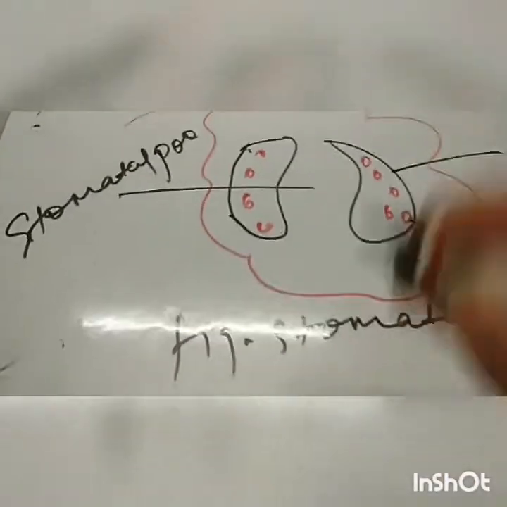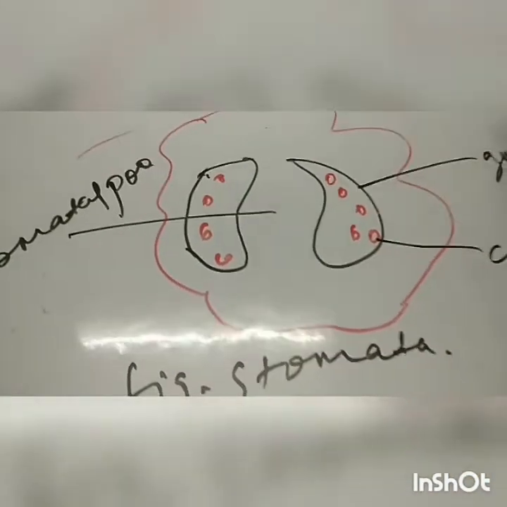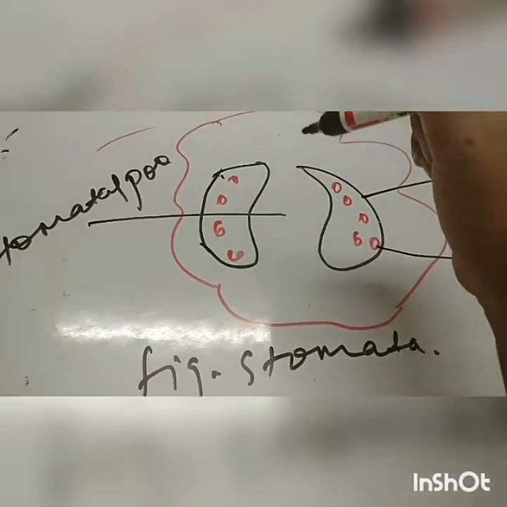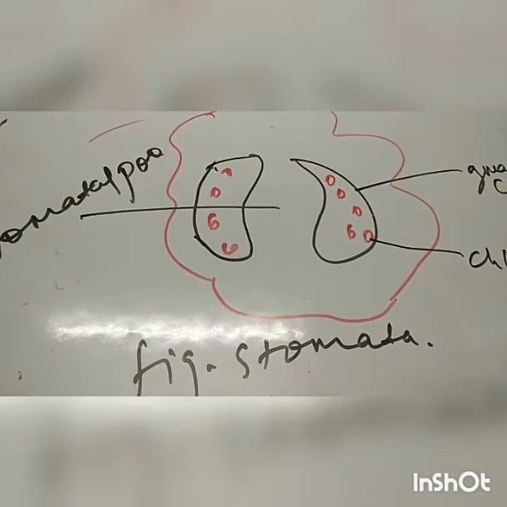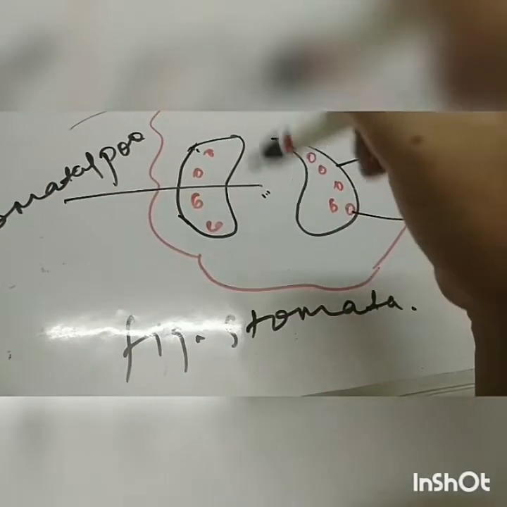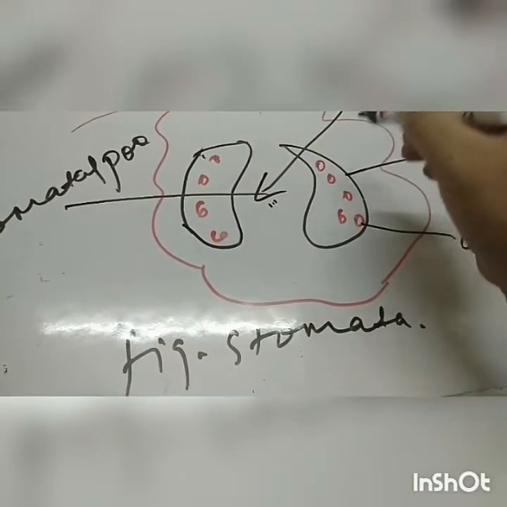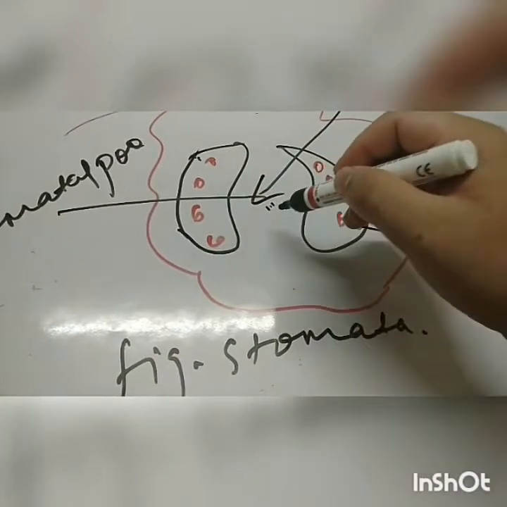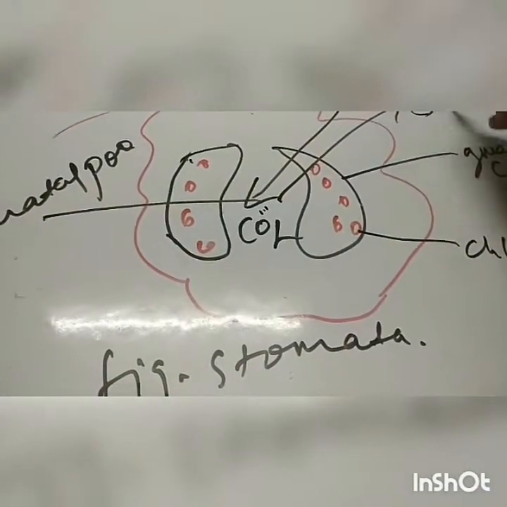So the gaseous exchange takes place in the plant leaves through a pore, which is stomata. Carbon dioxide will come in and oxygen will go out.